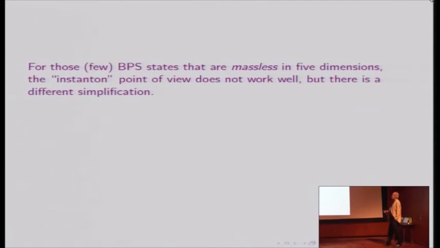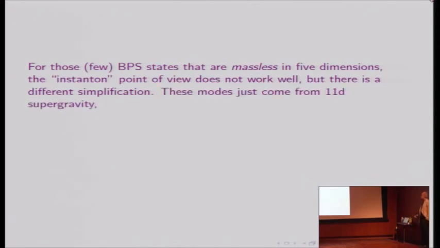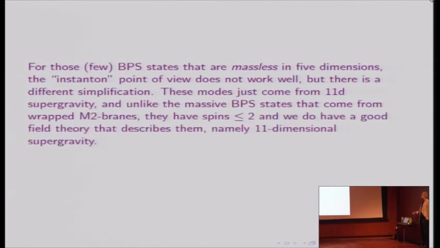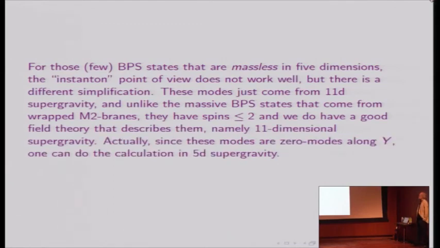For those few BPS states that are massless in 5 dimensions, the instanton point of view doesn't work, but as I mentioned before, there's a different simplification. Those modes just come from 11-dimensional supergravity, and so therefore they have spin at most 2. And we do have a good field theory for them, namely 11-dimensional supergravity.